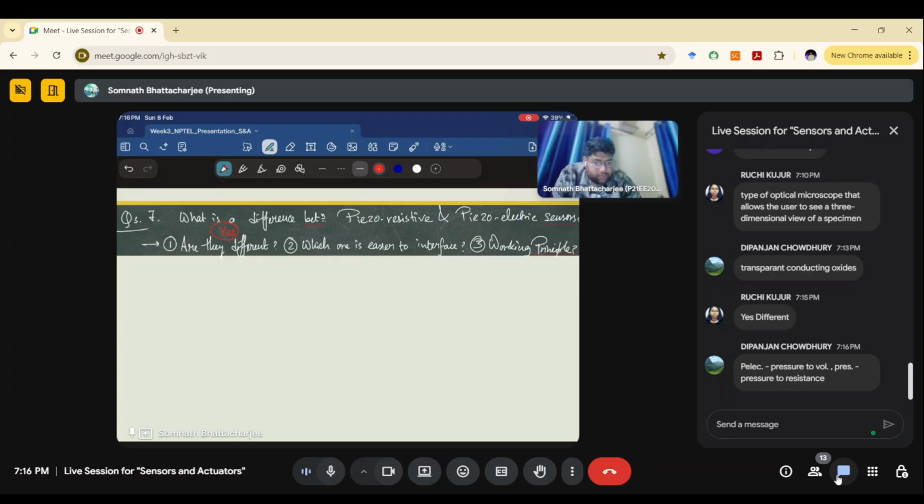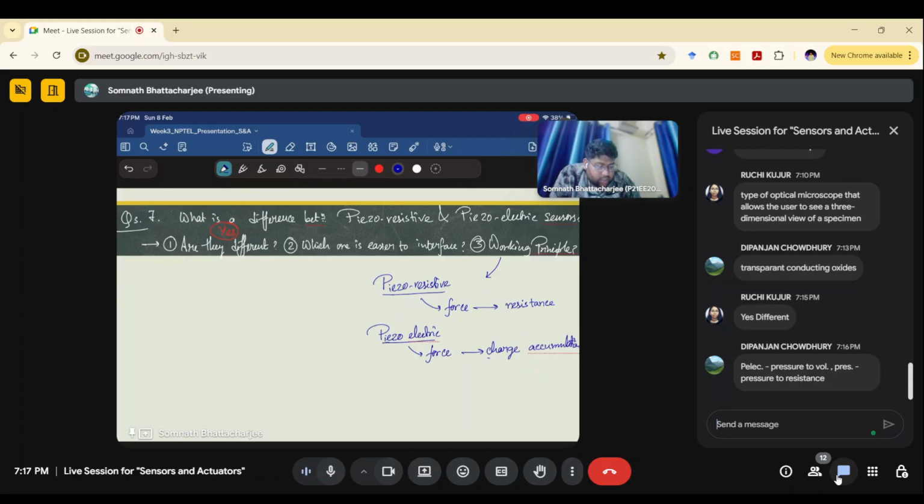The working principle is that for piezoresistive, based on the applied force or the pressure, there is a change in resistance, and we are measuring that. For piezoelectric, based on the applied force, there is a change in charge accumulation. Ideally it can be a voltage measurement or you can measure it through currents as well.